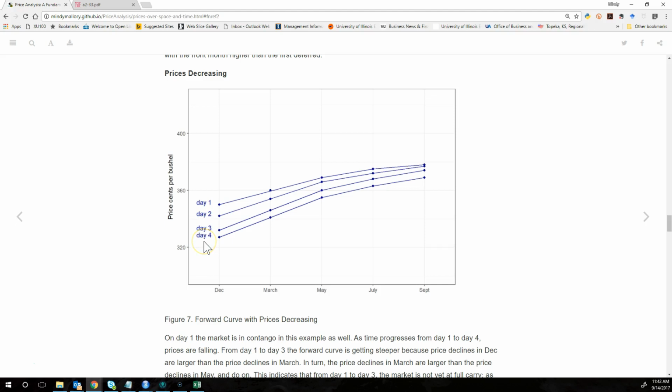Now on day 4, we're illustrating something a little bit different. There's this concept of full carry that we mentioned before, and that is that once the market has provided enough incentive to store that everybody's decided to store, then these slopes can't really move any more than that. Once we reach full carry, you'll start to see this forward curve move down more in parallel than it does before we've reached full carry.